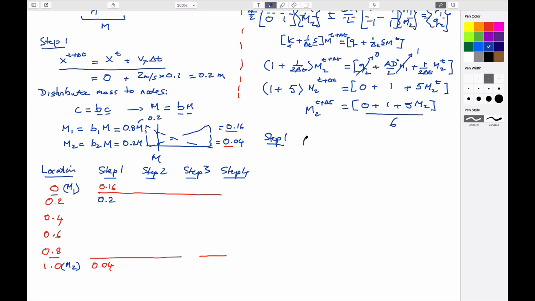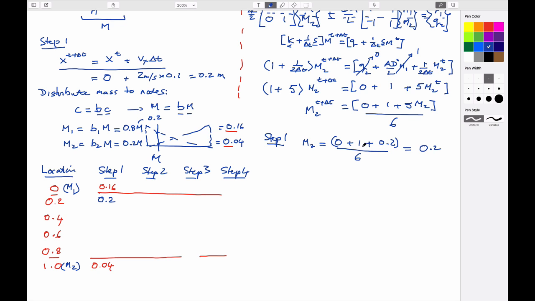It's going to be what? M2 is going to be equal to 0 plus 1 plus 5 times M2. M2 is equal to 0.04. 5 times 0.04 is 0.2, is that right? All over 6. Is that the value I have? Yes, which is 1.2 over 6, which is 0.2.